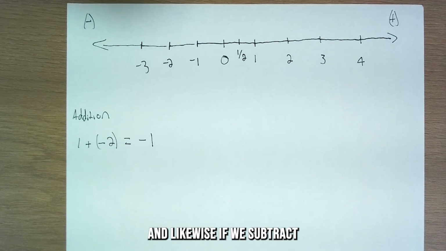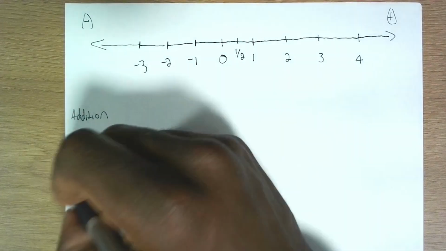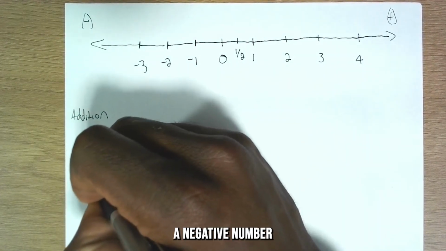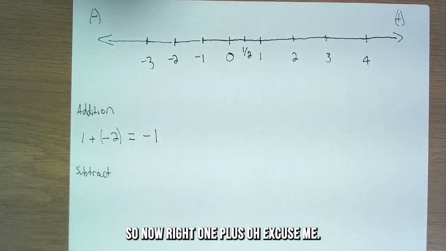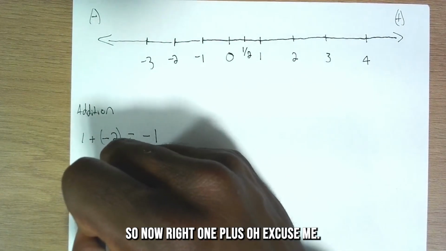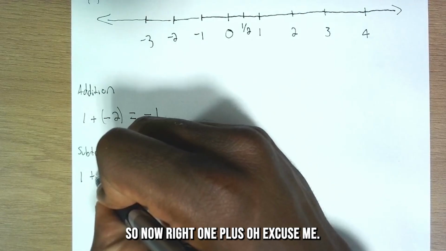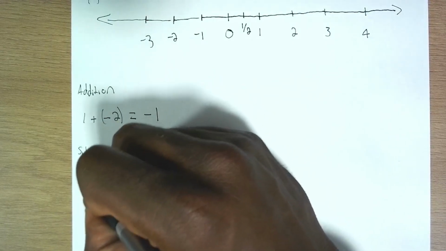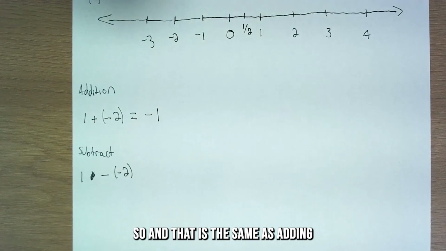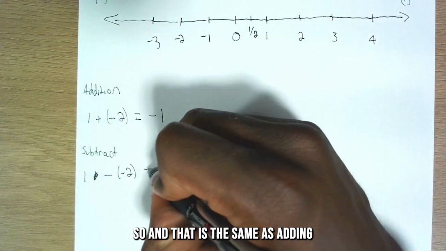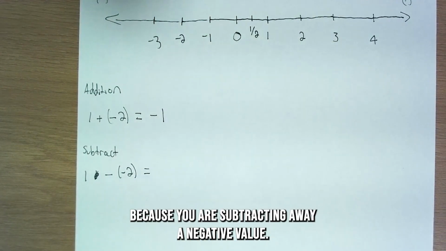And likewise, if we subtract a negative number, it is the same as adding. So now, 1 plus, oh, excuse me, 1 minus -2. And that is the same as adding because you are subtracting away a negative value.